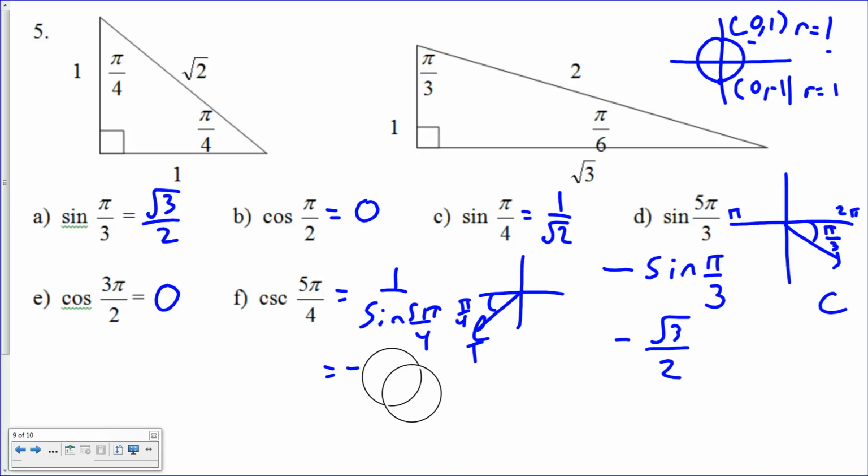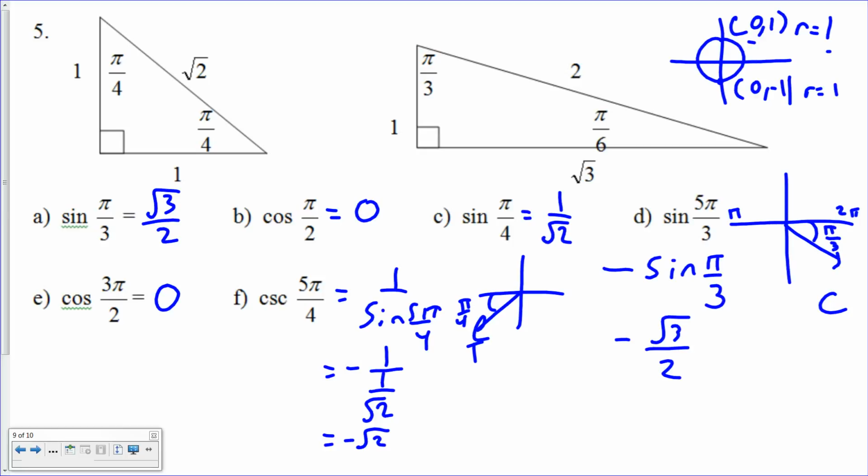This way it's easier to just say it's 1 over radical 2. That makes simplifying easier if you can switch the form of that, because now it's just going to be a negative radical 2 form. Or you can say it's the reciprocal of the sine of pi over 4.